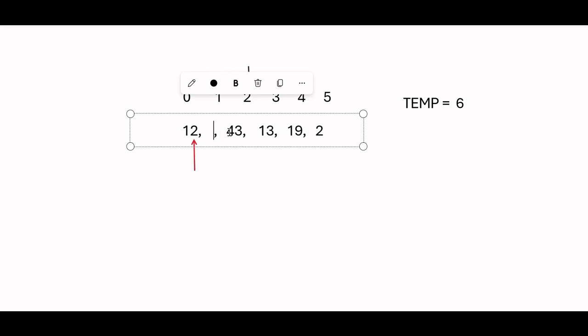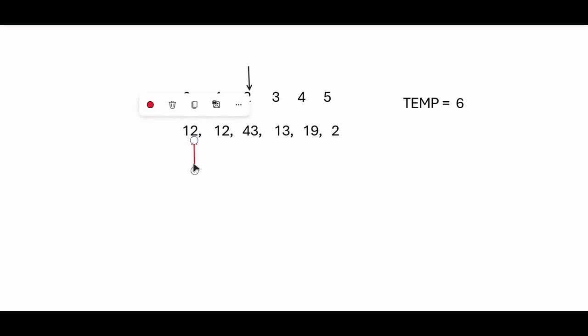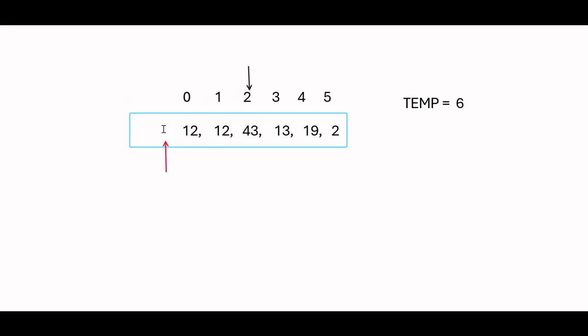So 43 is going to be overwritten with 12, and with that j is going to be further decremented. It's already 0 at that point, so when I further decrement, what will it have? Minus 1. So the looping condition is as long as temp is less than the jth element, and j is greater than or equal to 0.